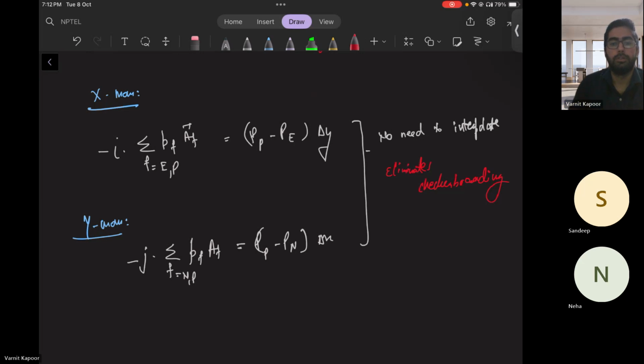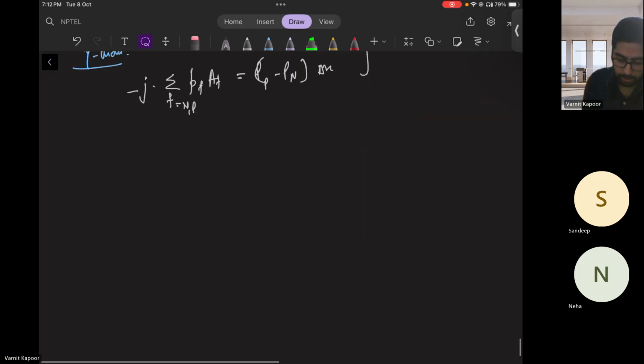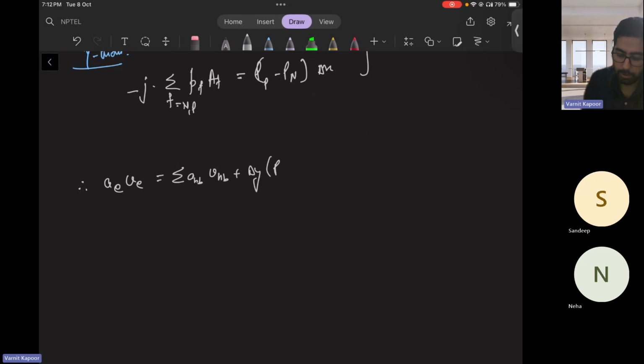All right, so you have the discrete momentum equations like this. Therefore, AE UE is equal to summation of A nb U nb plus del Y times PP minus PE plus BE.